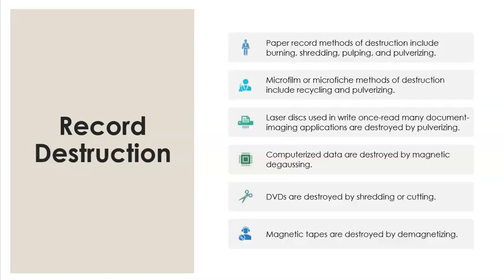And then lastly, as it relates to record destruction, some destruction methods are burning or shredding of paper. Microfilm could be recycled or pulverized. Laser discs can be destroyed by pulverizing. Computerized data can be destroyed by a magnetic degaussing procedure. DVDs can be shredded or cut, and magnetic tapes can be destroyed by demagnetizing them.